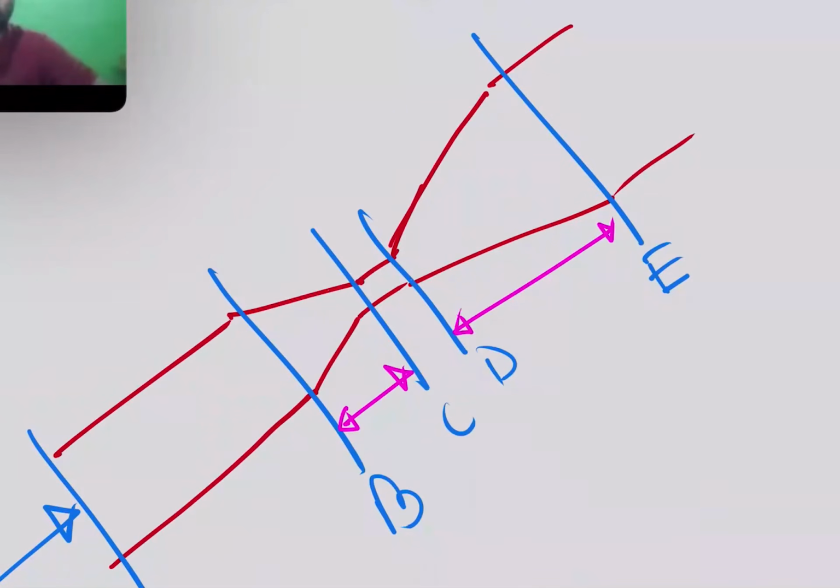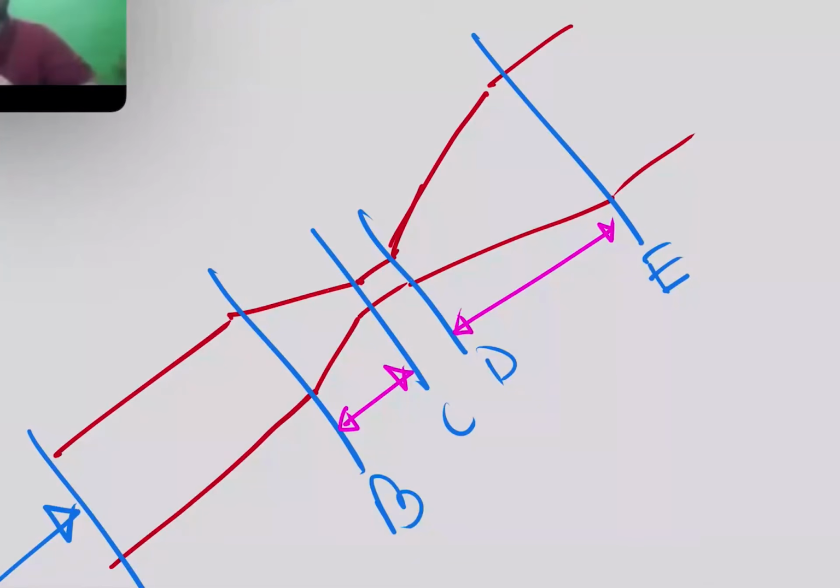Okay, so you are telling that we don't want the adverse pressure gradient, but you cannot avoid the adverse pressure gradient. If you are using a diverging section, there will be some adverse pressure gradient, right? Yes.